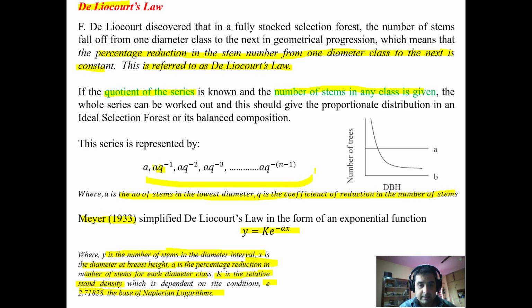This is the series, this is the coefficient, and a is the number of stems in the first age class.